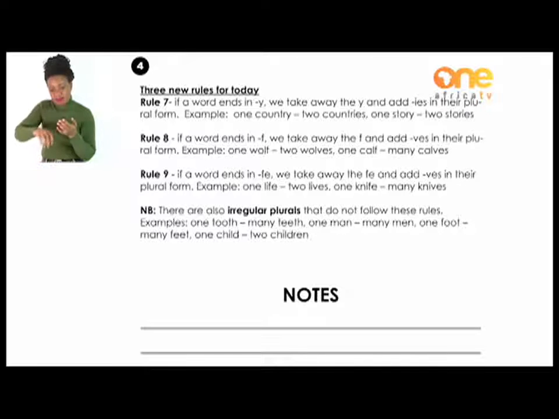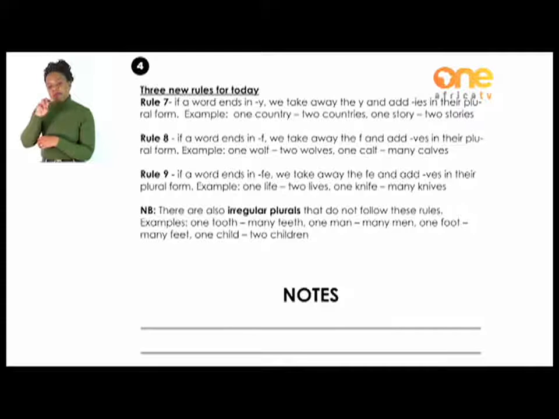Remember this. There are also irregular plurals that do not follow the rules. Some nouns do not follow these 9 rules. For example, tooth changes completely to teeth. Man will change completely to men.